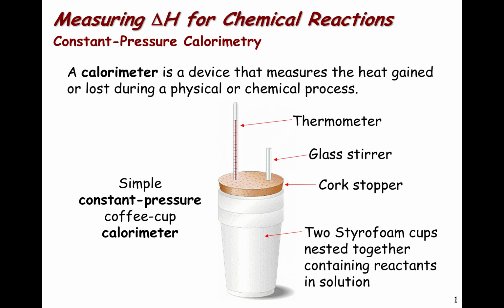Also, it acts as a good container because the solution in which the reaction can occur is typically placed within the cup. We also then place on top of this a cork or stopper of some sort that has inserted into it a thermometer and a glass rod that is capable of mixing to produce a homogeneous mixture of the reactants.